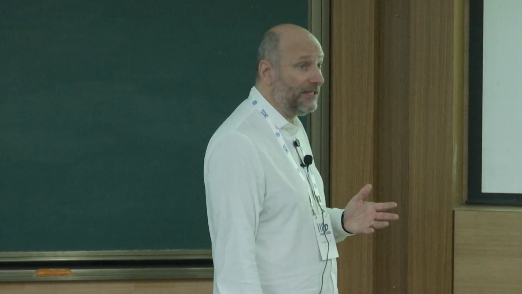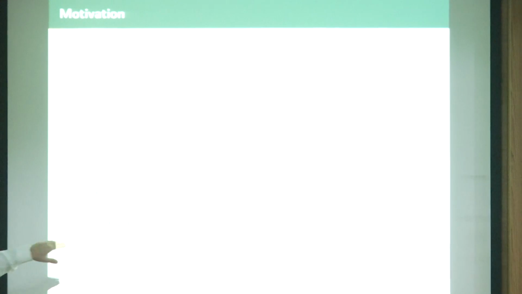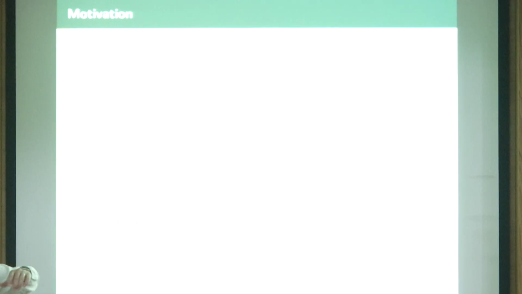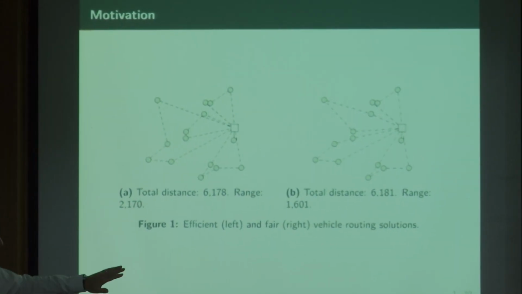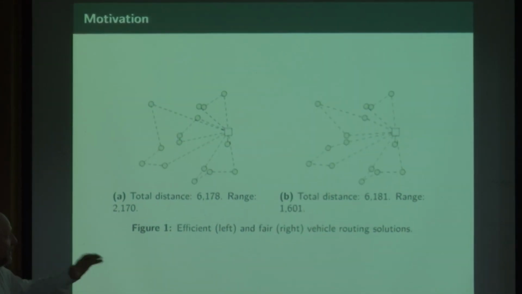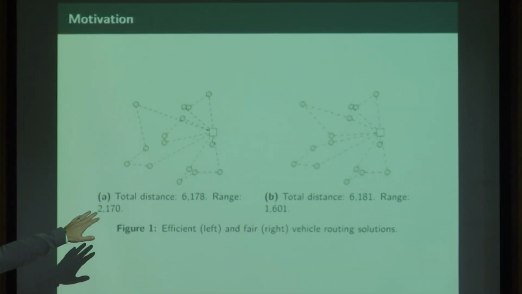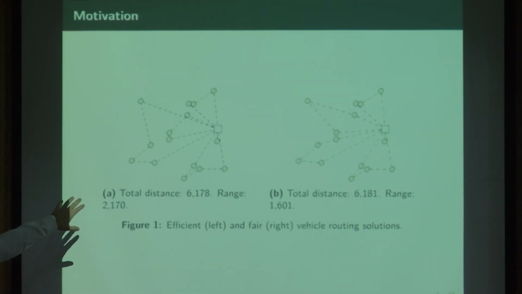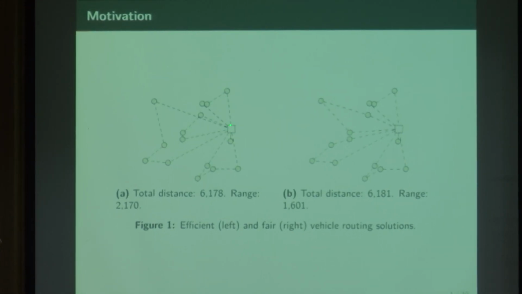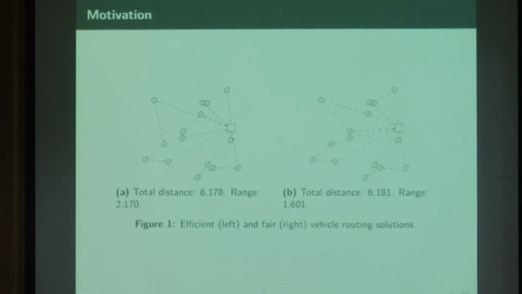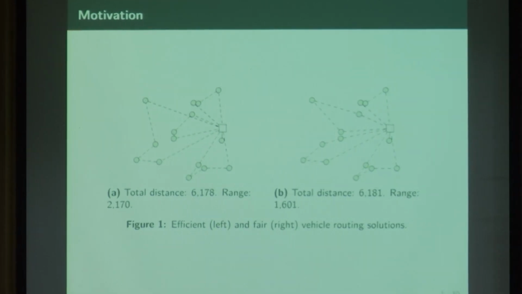The motivation is fairness, and the idea behind it is this. Take your favorite optimization problem, like vehicle routing. I don't think vehicle routing is my favorite optimization problem, but let's say it is. This is a problem in which we have one depot and 5 vehicles visiting clients.